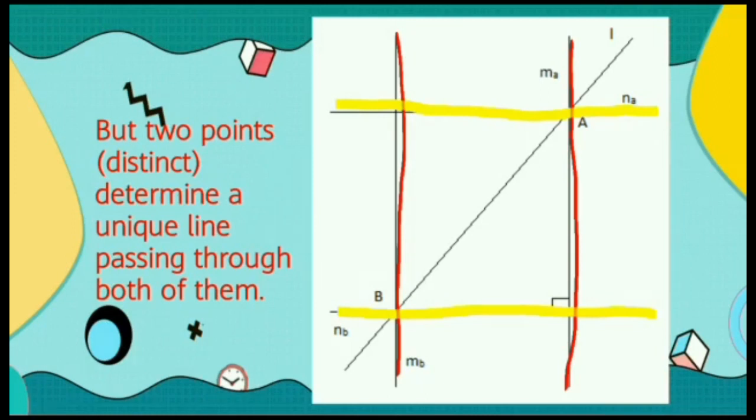Therefore, infinitely many pairs of perpendicular lines can pass through A and B. So, only the line L is a unique possibility.